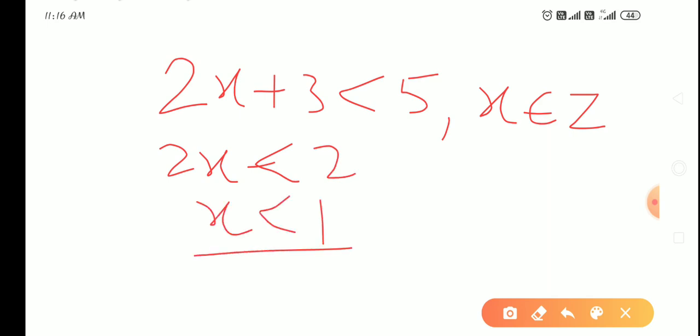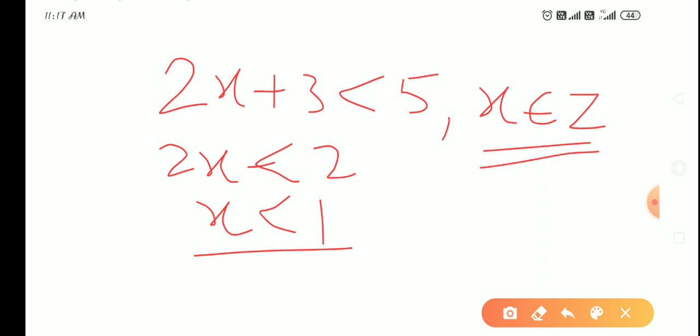Now what will be the values of x? Because less than 1, many values are there. In decimals also, 0.9 is less than 1, 0.8 is less than 1, 0.7 is less than 1, 0 is less than 1, minus 1 is less than 1. So which values do we have to take? Less than 1, infinite values are there, so for this we need one set.